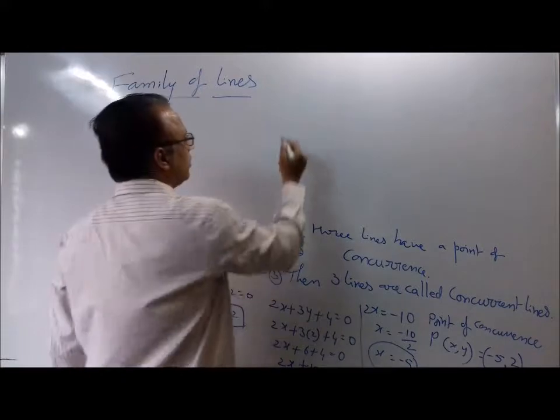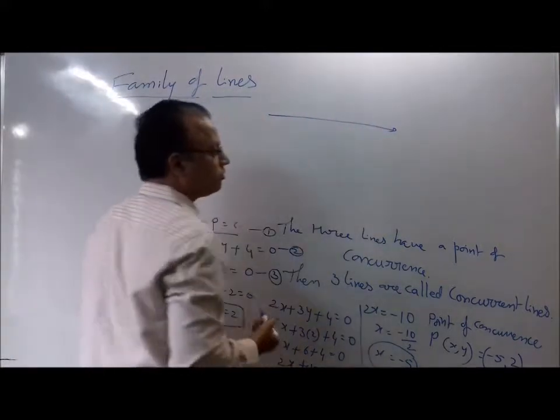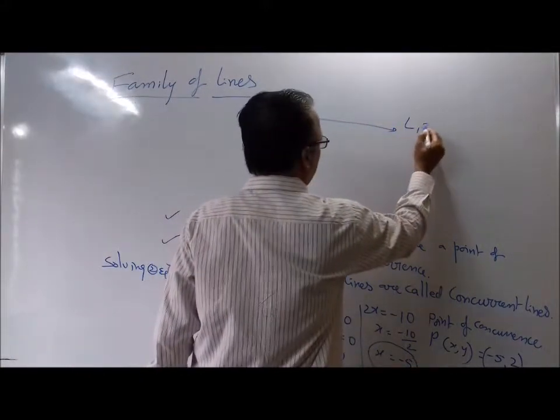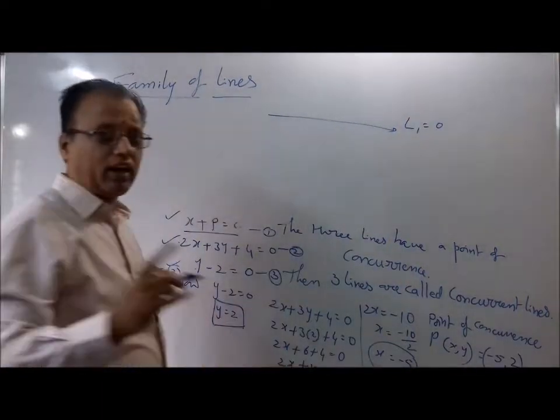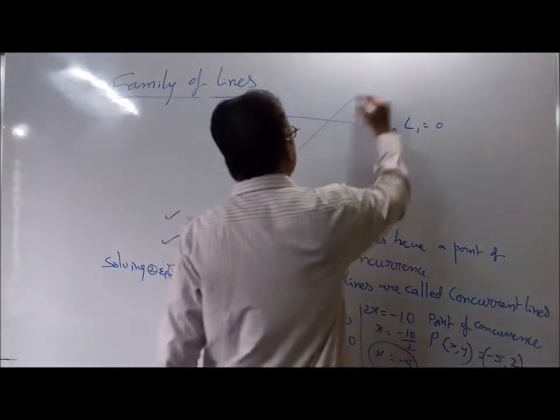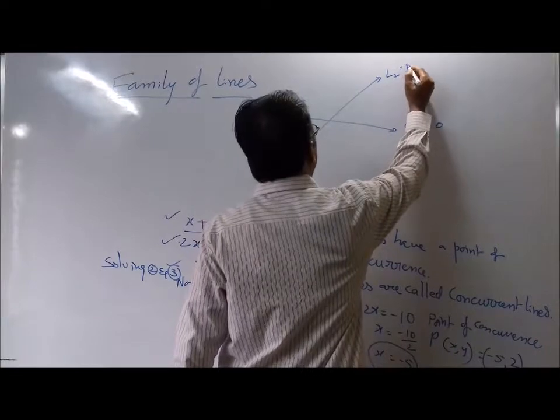Suppose there is a line L1 equal to 0, another line L2 equal to 0.